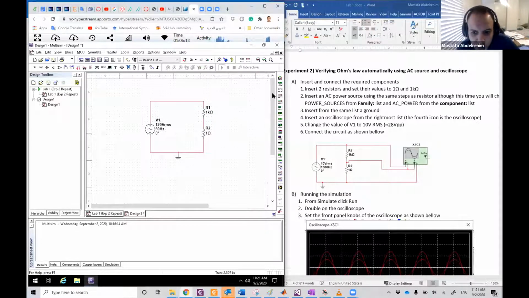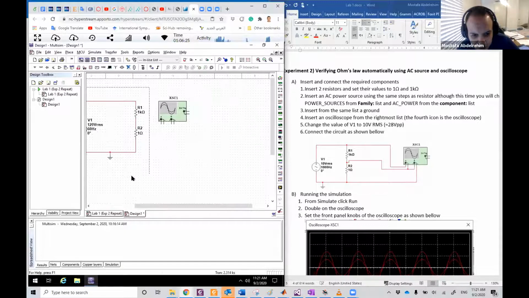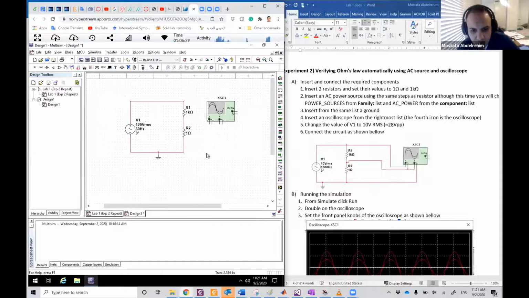We need now oscilloscope. So if you just follow the steps in experiment 2, the oscilloscope is, I think, number 4, oscilloscope. And we just need one. Okay. If you want to centralize everything, okay. Good. Now let's just follow the connections here.